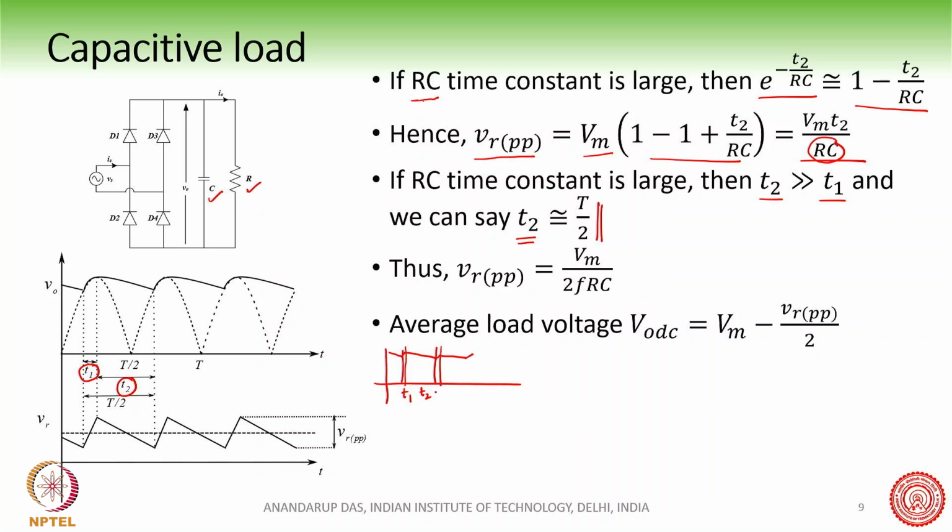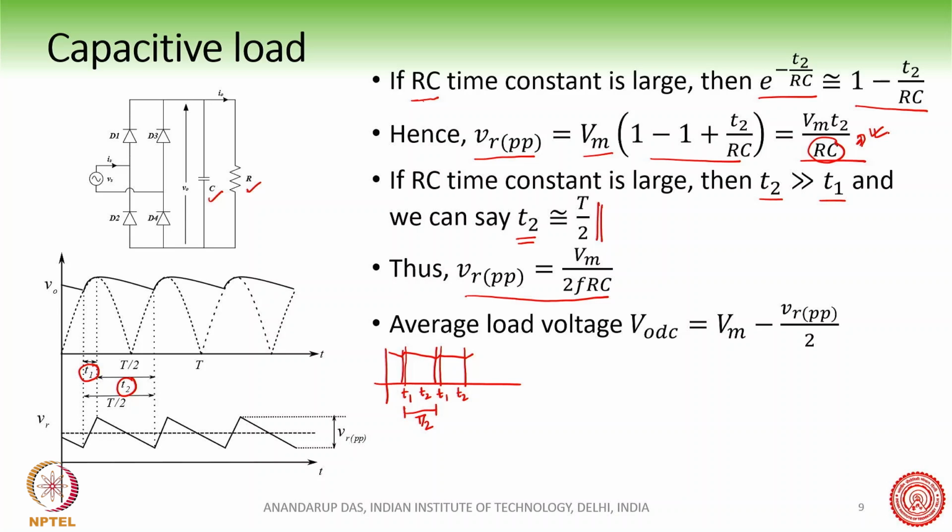This is more practical if the RC time constant is very large. So we say that T2 is almost equal to T by 2 here. Most of the period is T2 only, and so we can make that approximation, and VR peak to peak is Vm by 2f RC, coming from this equation here.